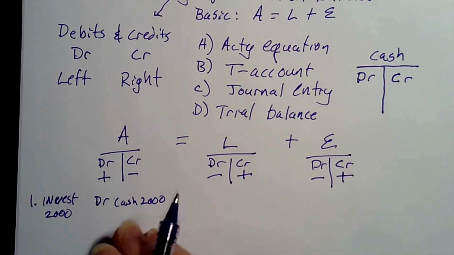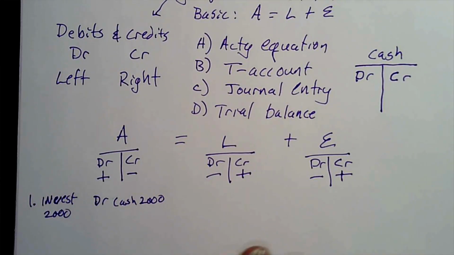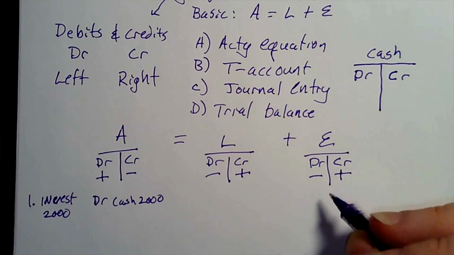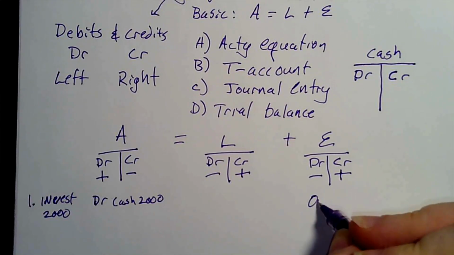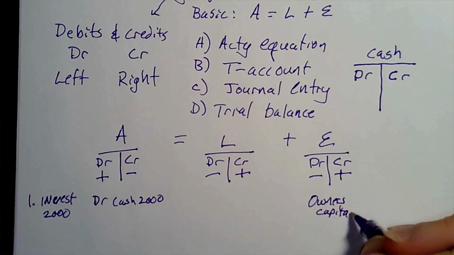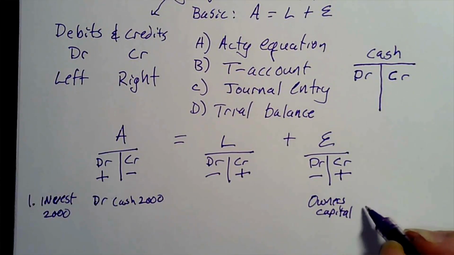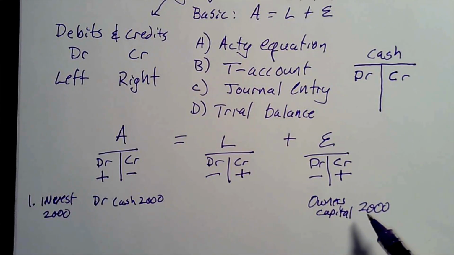And on the other side, we still have to follow the rules. The accounting equation must balance, and the debits and the credits must balance. So on this other side, we have owner's equity or owner's capital. And this is also going up by $2,000 because owners now have a $2,000 claim on the assets of the company.